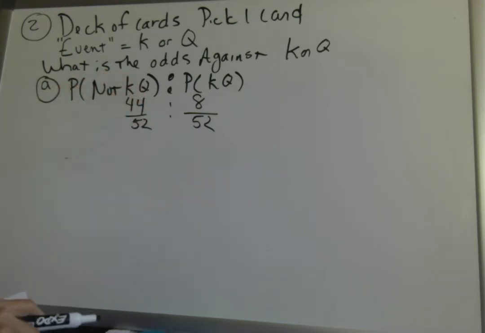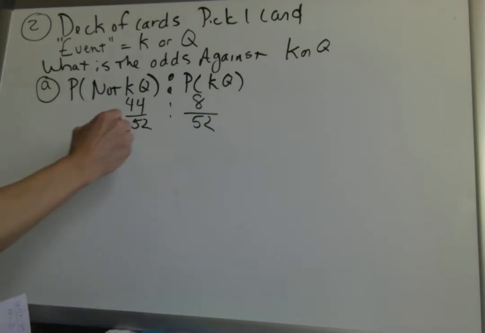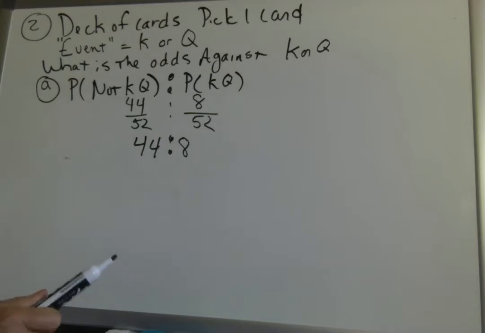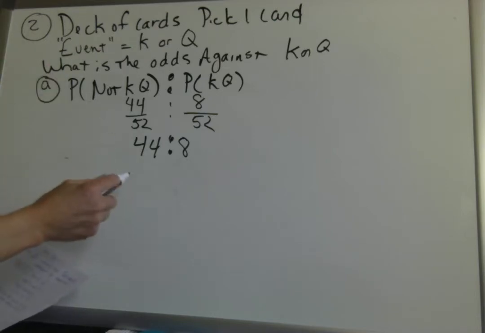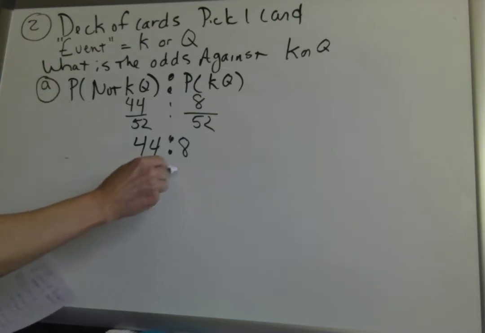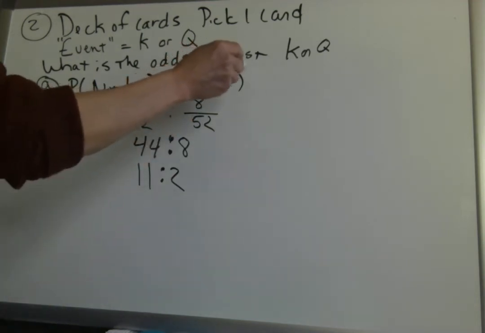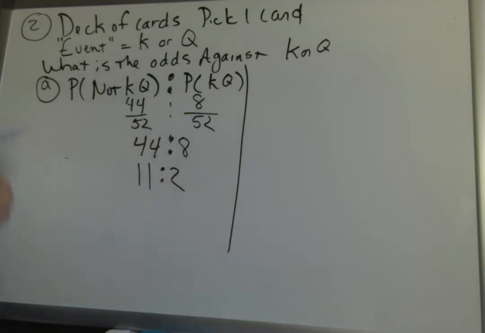Okay, so I can multiply both sides by 52. Now the other picky thing about odds is you have to reduce. You would never see that on a gambler's website. So we can divide both sides by 4, and we'll get 11 colon 2.